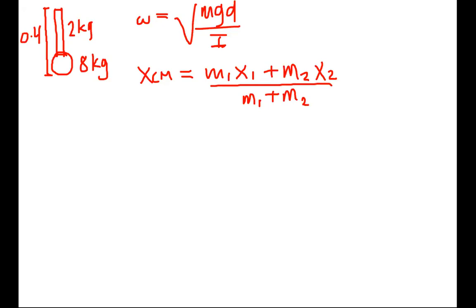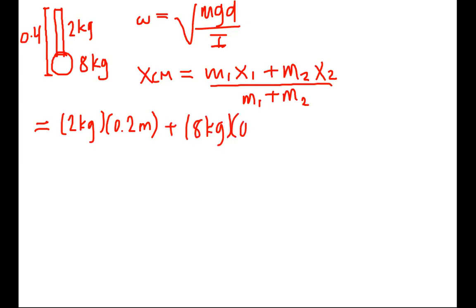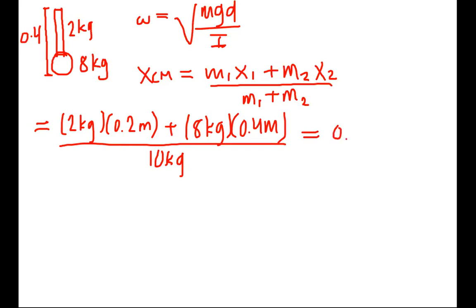If we plug that in, we get 2 kilograms times 0.2 meters plus 8 kilograms times 0.4 meters, over a total of 10 kilograms, which can be calculated to give a center of mass of 0.36 meters.